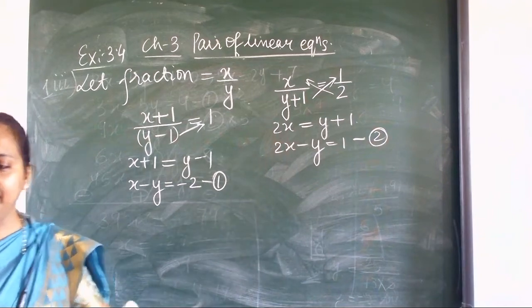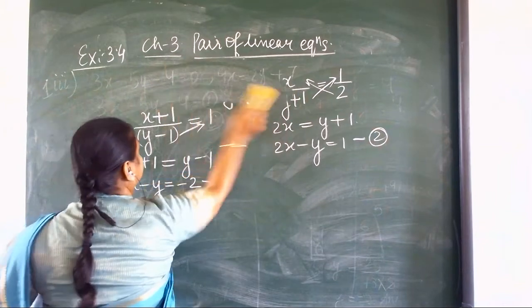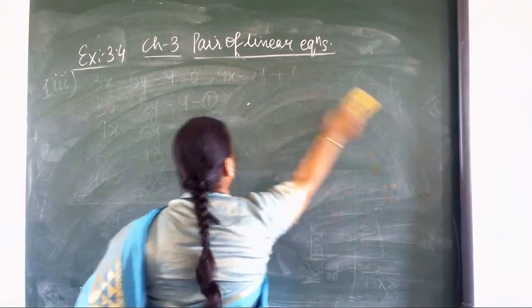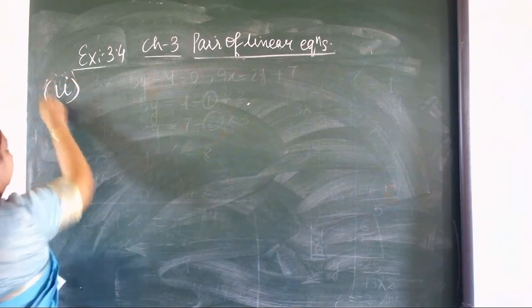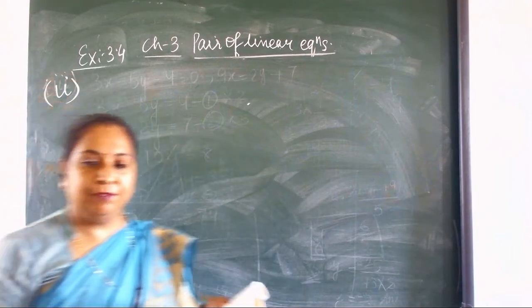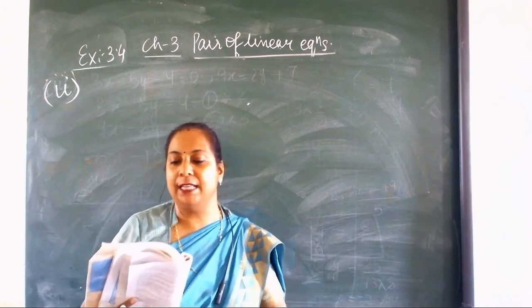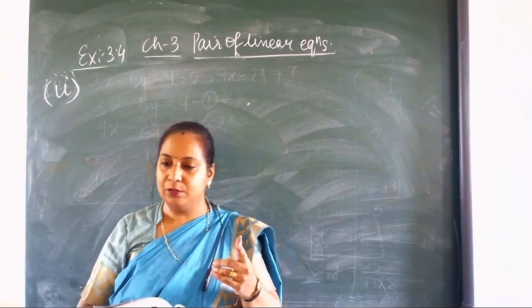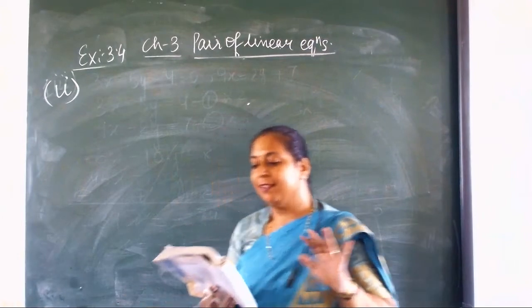Now second part. Five years ago, Nuri was thrice as old as Sonu. So 5 years ago, Nuri was thrice as old as Sonu.